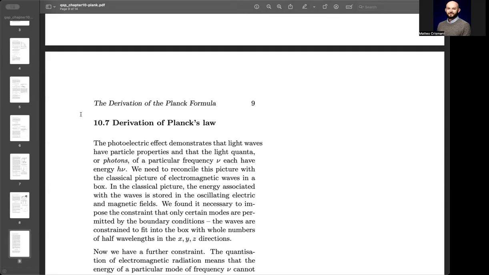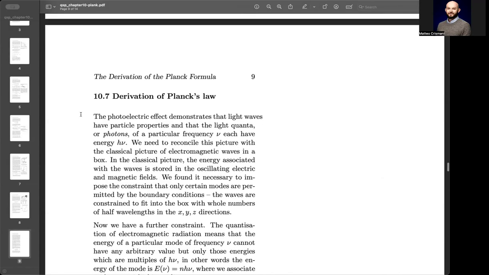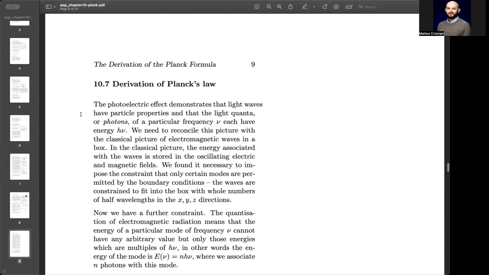Now, the cool thing is that, of course, we can change those frequencies. There's an infinite number of frequencies that we can go between zero and infinity, by definition of infinity. But the sheer number of particles, the number of photons, is particularly important. And I'm going to show you how just a slight adjustment is going to save the ultraviolet catastrophe, right?